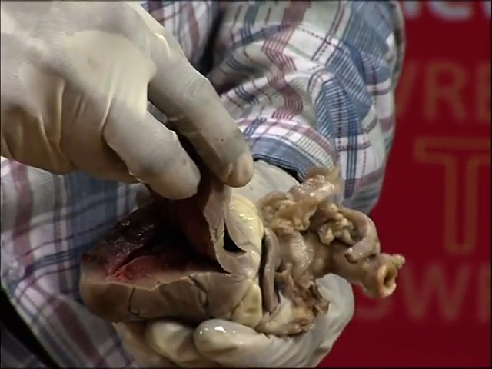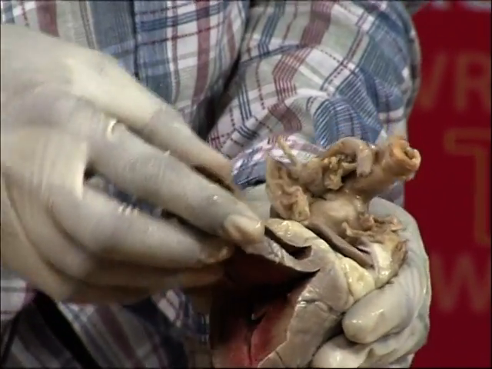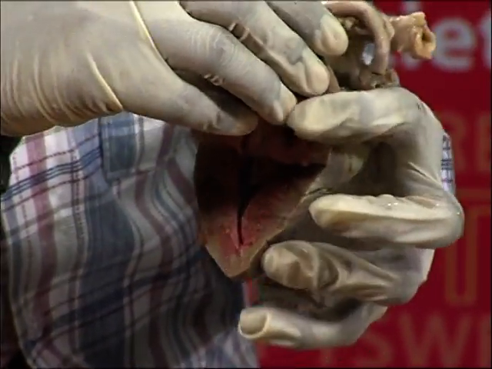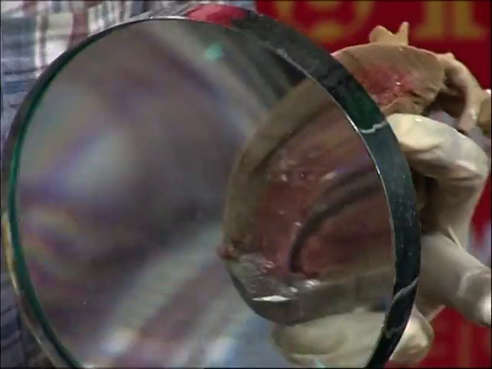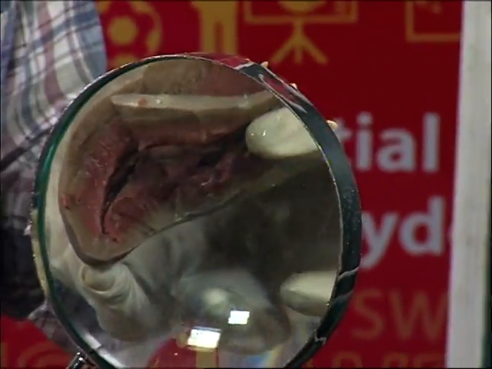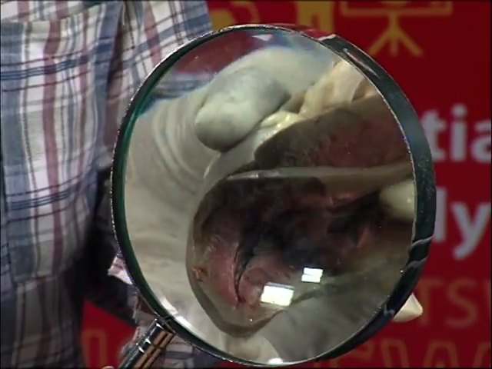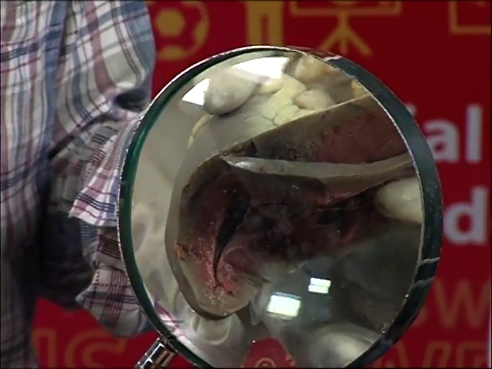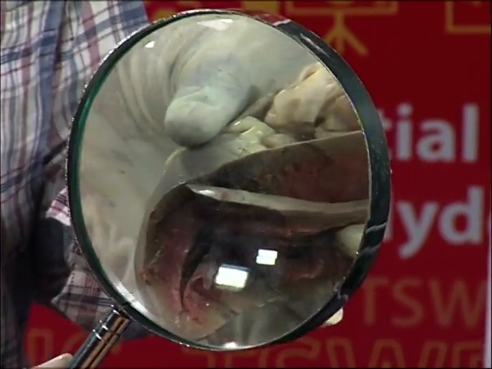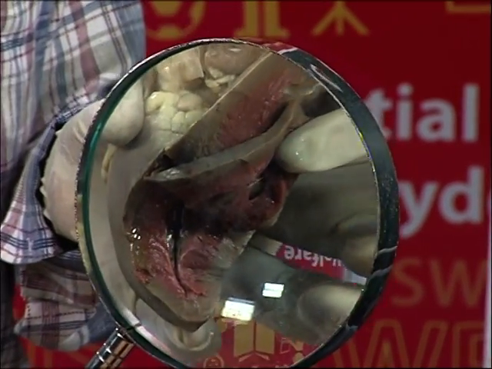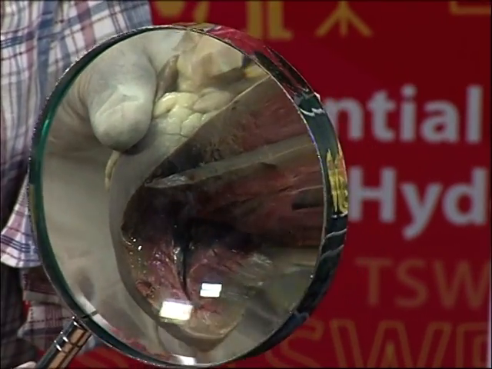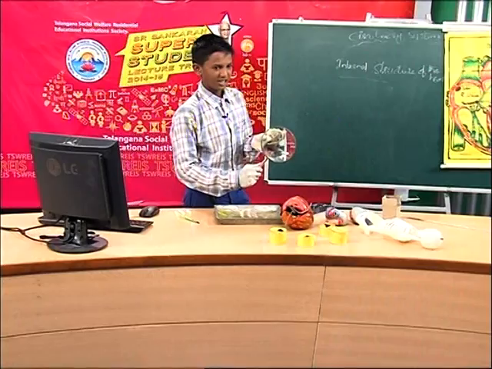Yes, Tswreis. Look at here. You will find some chambers, that means room like structures. Those are the chambers. So, upper two are the atria and lower two are the ventricles. So, Tswreis, this is the internal structure of the heart.